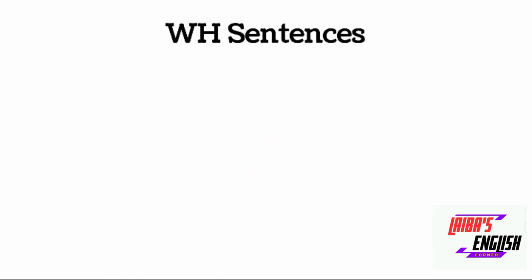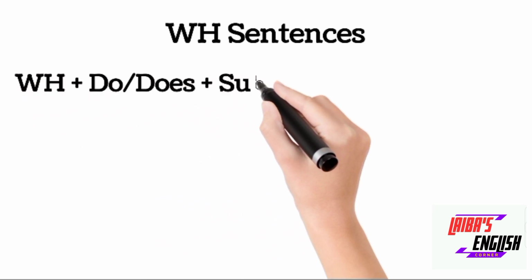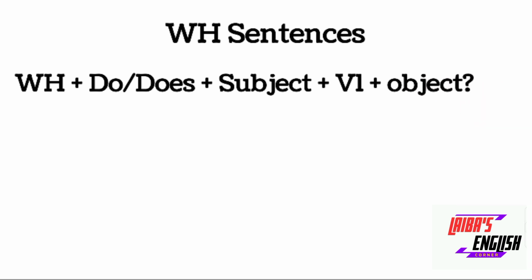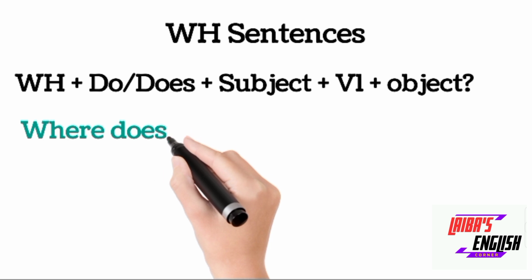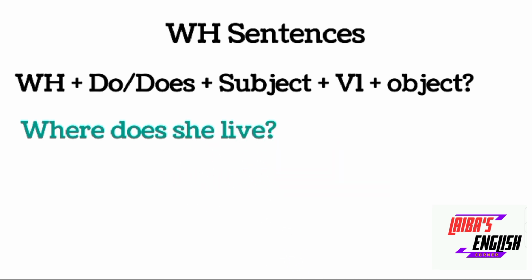Now are the WH sentences. Basically, WH are those which have who, where, why, how, these words at the start. So WH plus do or does plus subject plus verb first form and an object. For example, where does she live? Question mark.